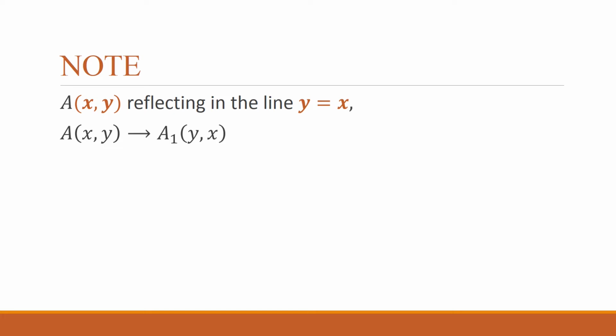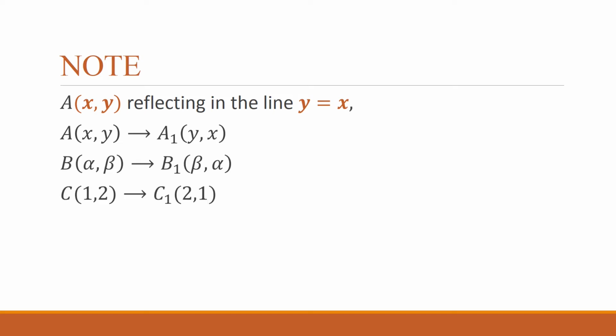So the object point (x, y) was reversed to get the image (y, x). In the same way, if I have the object point B to be (alpha, beta), to produce the image I just have to reverse the point to become (beta, alpha). So the image B1 becomes (beta, alpha).